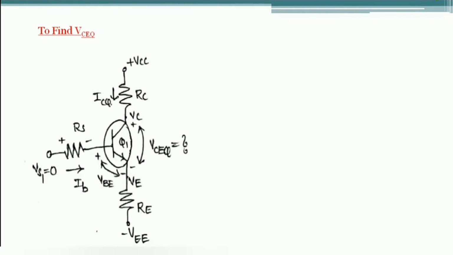So the next we have to find is the output voltage operating point, that is VCEQ. Now let us consider the same half circuit that is considered in finding the current ICQ. So if you observe from the vector mathematics, we can write this VCEQ as the difference between two node voltages.